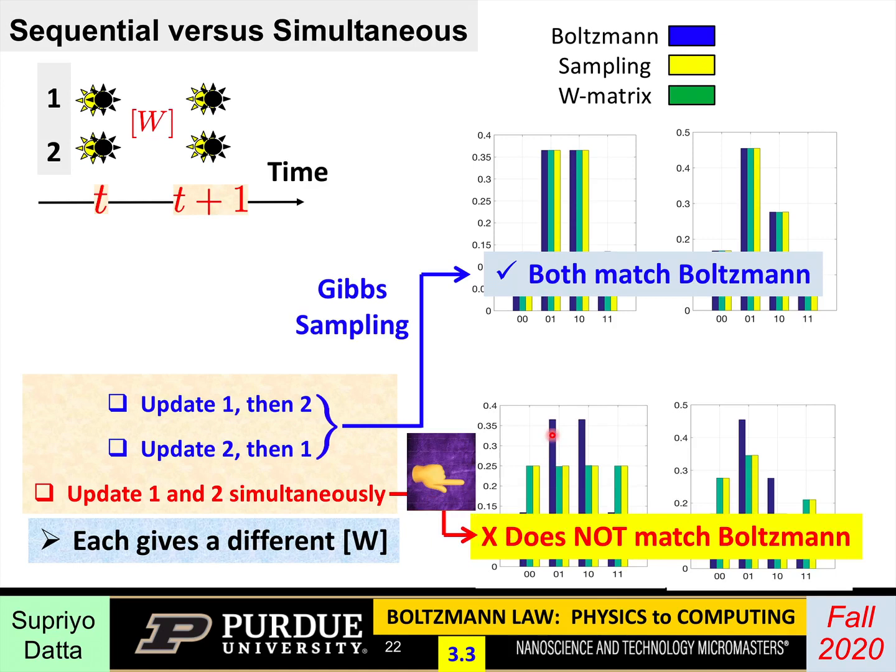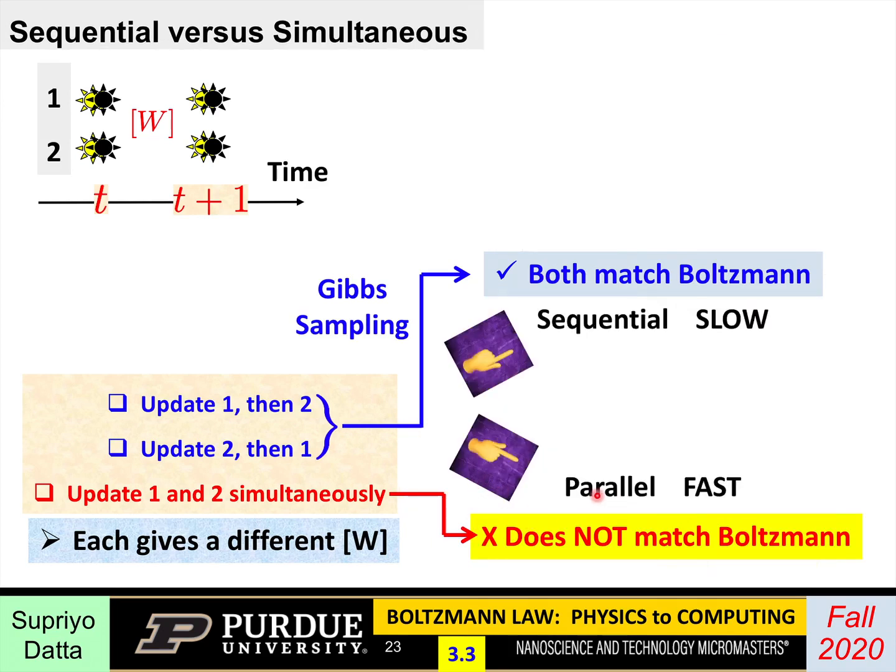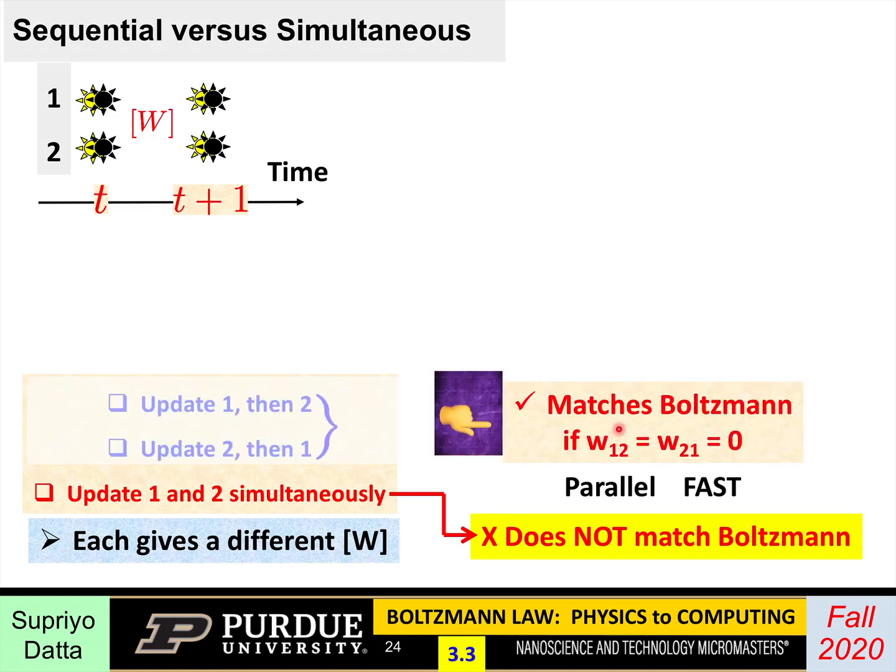And of course, this is unfortunate because the simultaneous process is something you could do very fast because they are all in parallel. Sequential means it's slow because you have to do it one by one. Of course, with 2 neurons, it doesn't matter, but when you have 1,000,000 neurons, it matters that you have to update them all sequentially. Okay? But the simultaneous one does work if the neurons are unconnected.